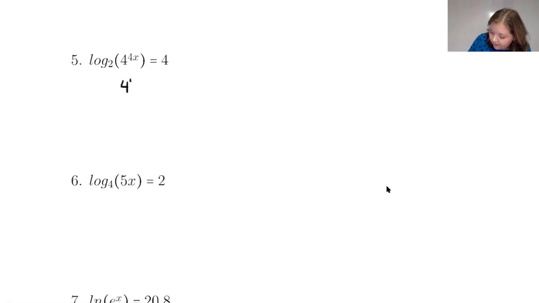So 4 to the 4x equals 2 to the 4th. And so everything just gets rearranged just the way we've been doing the entire time. And now we can do the exponential property of equality by rewriting these with the same base and then setting the exponents equal to each other.